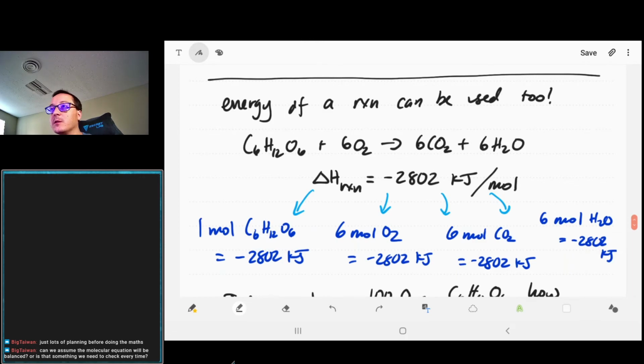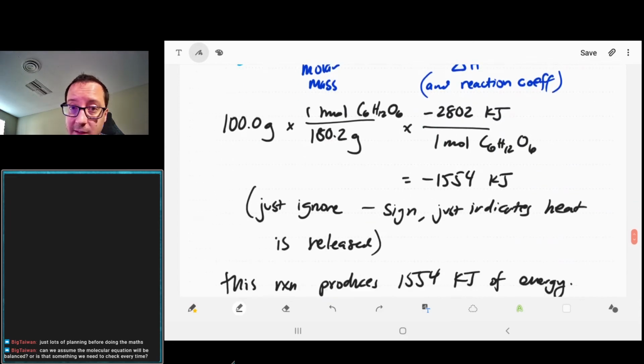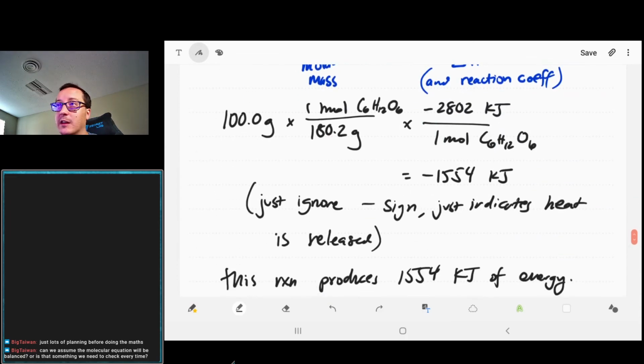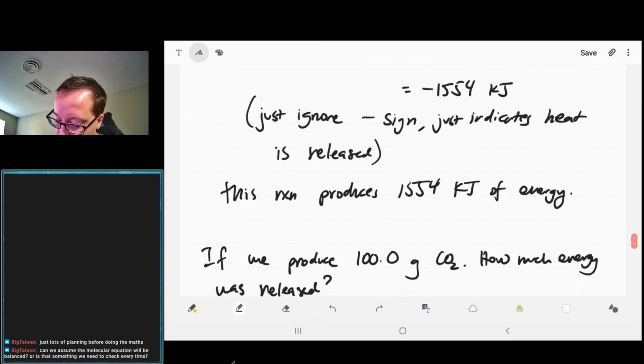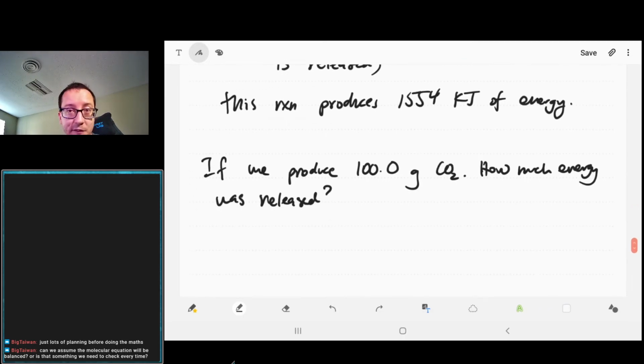So delta H will just be your conversion factor between energy and moles. Obviously, you'll be given the delta H, or you can calculate it by saying, okay, we've produced this much. It's just like anything else, kind of a formula type thing, right? I can give you enough information to solve for one little bit.